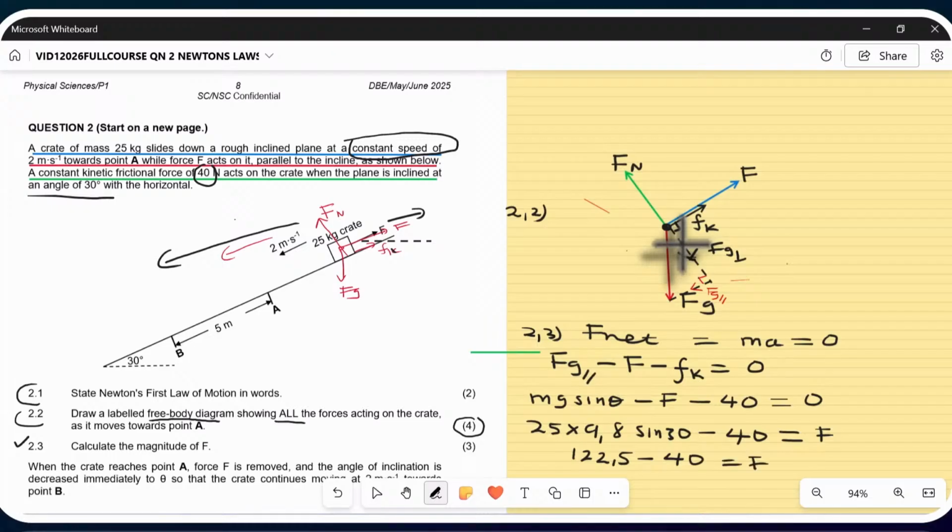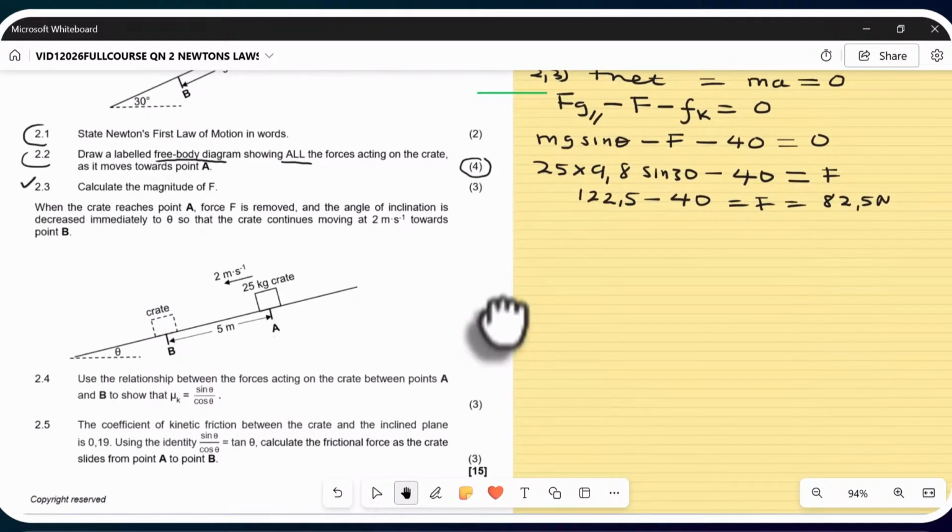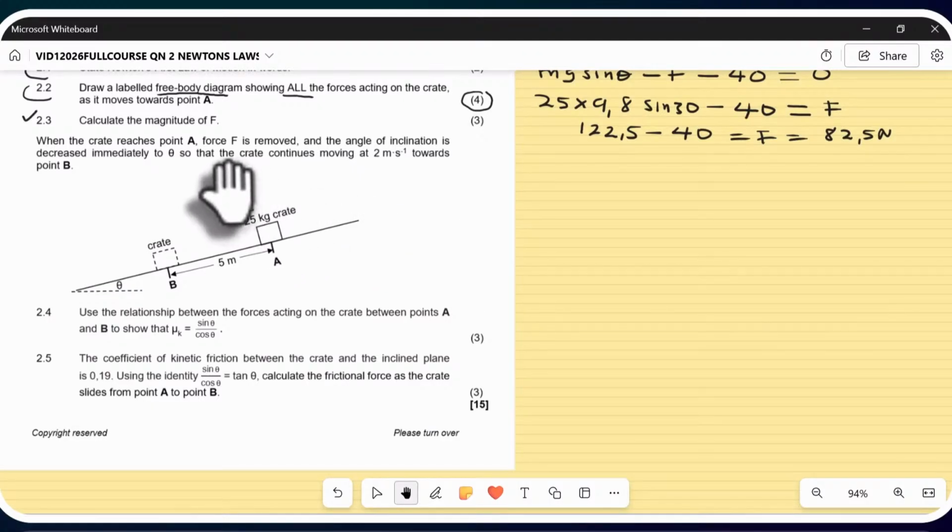All right, hope guys we are together. Let us proceed. Next question here. They say that now when the crate reaches point A, the force F is removed and the angle of inclination decreased immediately to theta, so that the crate continues to move at 2 meters per second towards point B. Note that it continues to move at the same speed of 2 meters per second.